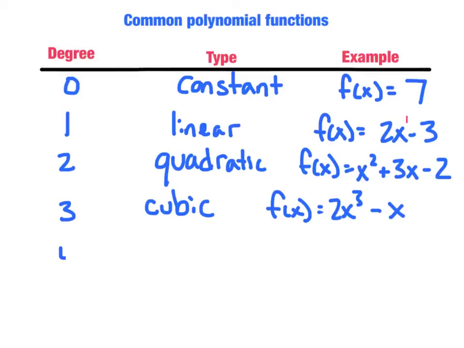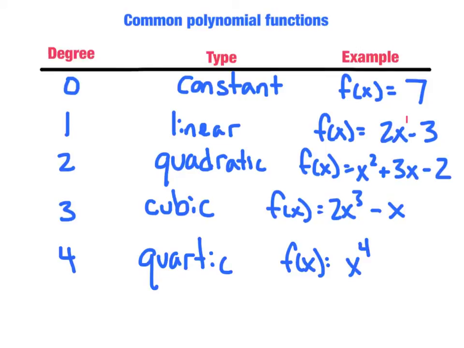Finally, if the highest degree is 4, this is called quartic. This is any function that has a highest degree of 4, so x to the 4th plus 2x minus 1. Notice in this one we don't have an x cubed or an x squared, but as long as the highest degree is 4, it's quartic.